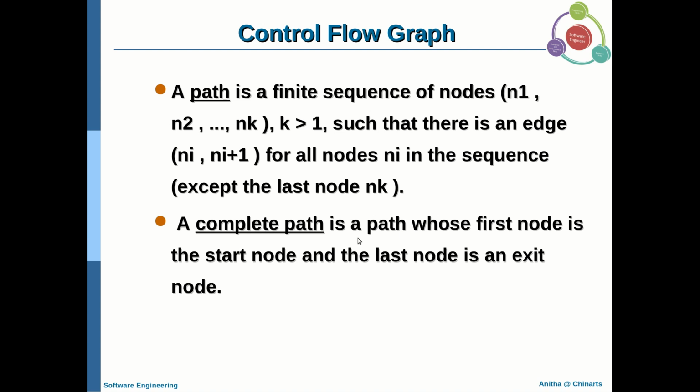A complete path is a path whose first node is the start node and the last node is an exit node.